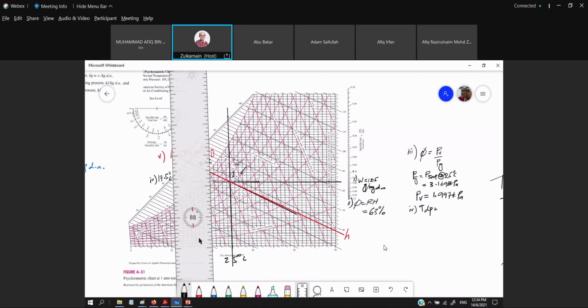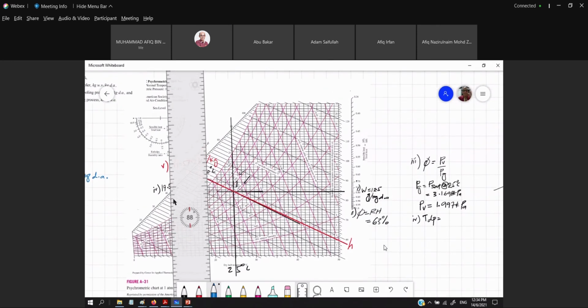Okay, so I'm going to have this line. It represents 10 degrees C. Cooling process.